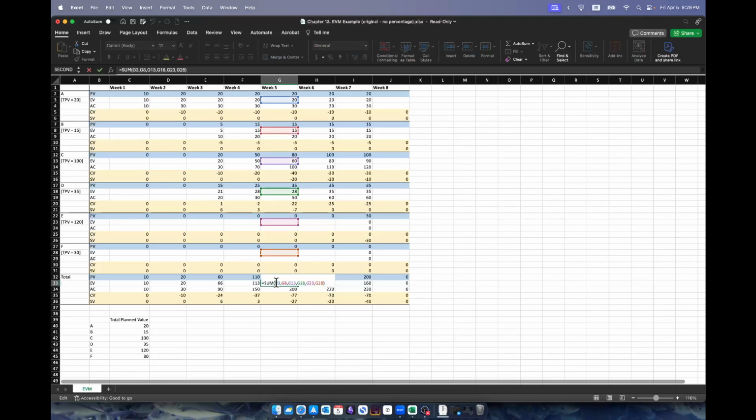You basically added all those earned values you have calculated by multiplying the total planned value with the actual progress expressed in percentage. The actual cost, in the same way, you added all of them. And once you have the 3 measures, you can always calculate cost variance and schedule variance. As you can see, at the end of week 5, the total project overall is overspending and behind schedule.